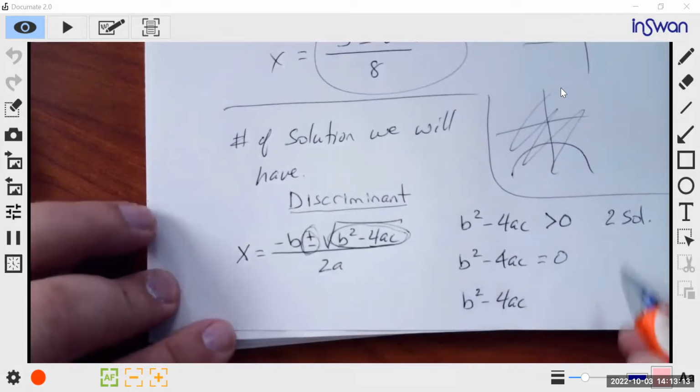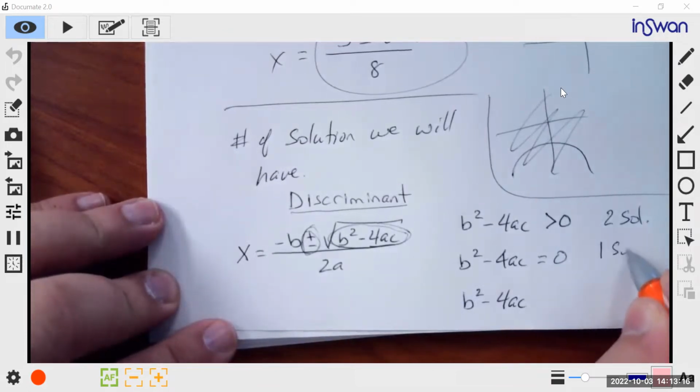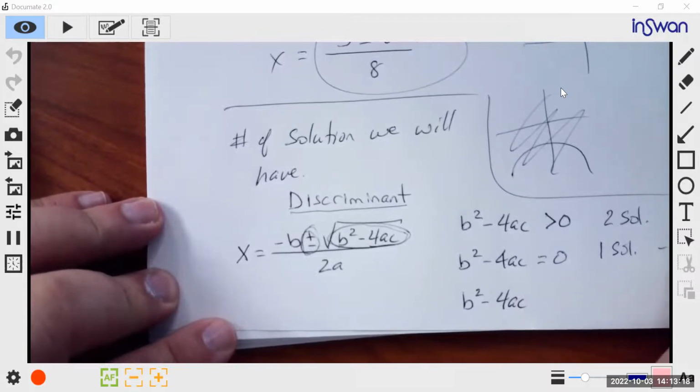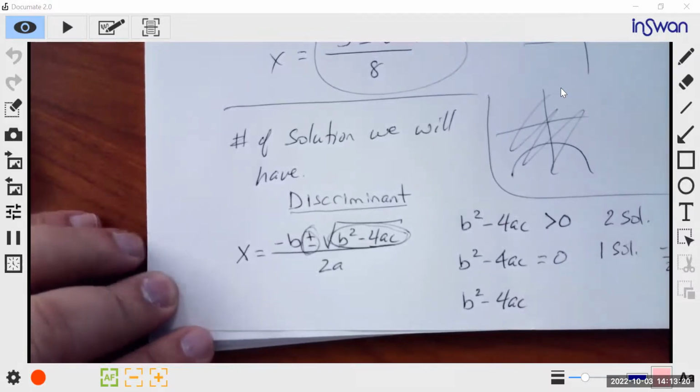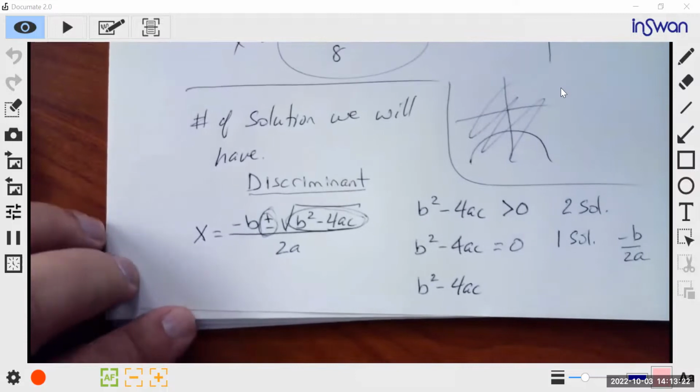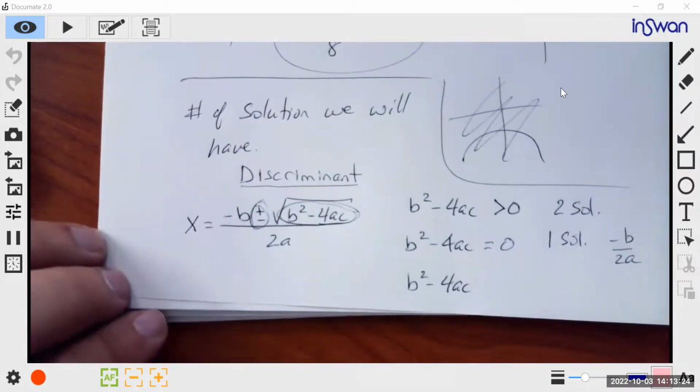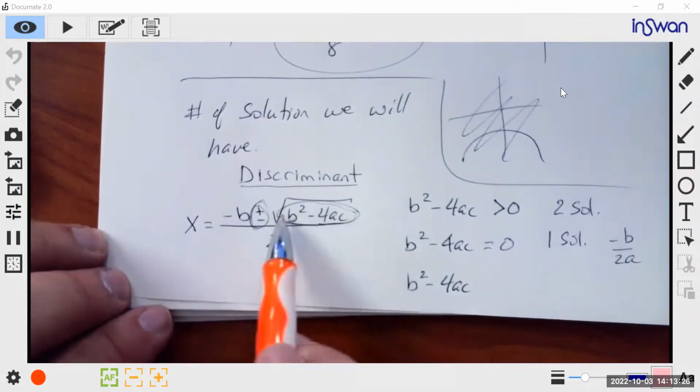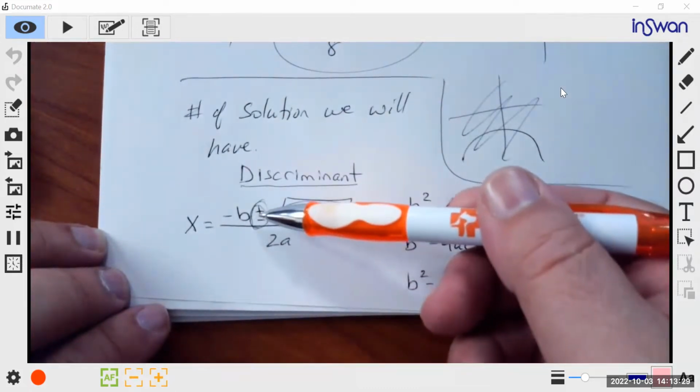If the discriminant is equal to 0, then we're going to have one solution, at negative b over 2a. Because if the discriminant is 0, it disappears. All we have left is negative b over 2a.